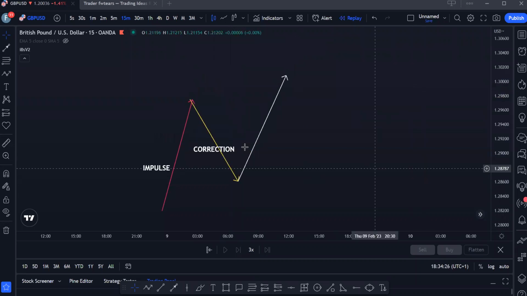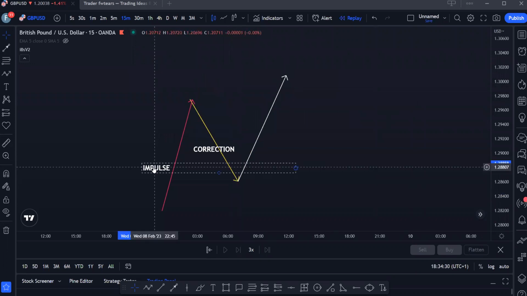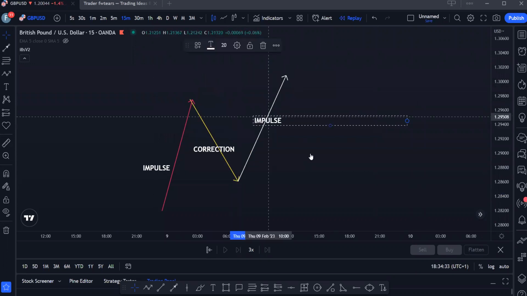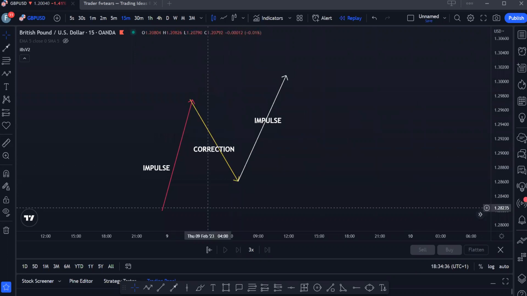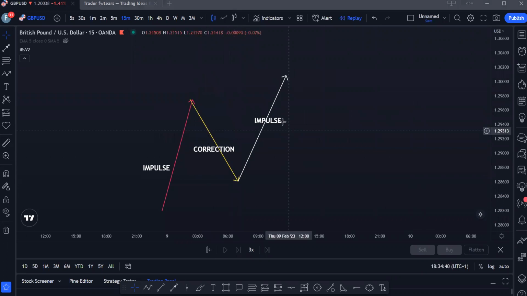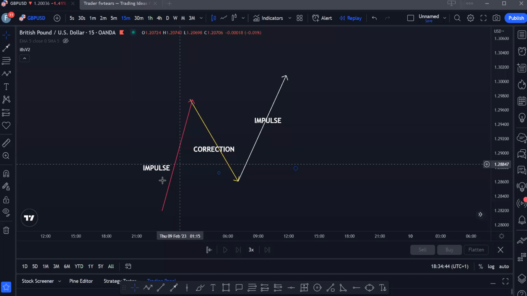Okay, and then the next move that will go up is another impulse move. So a trend is made up of impulse, correction, and impulse. When you see a trend, know that a trend is made up of an impulse move, a correction, and then another impulse.